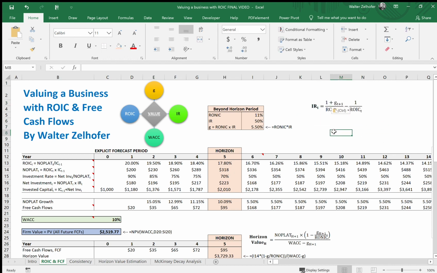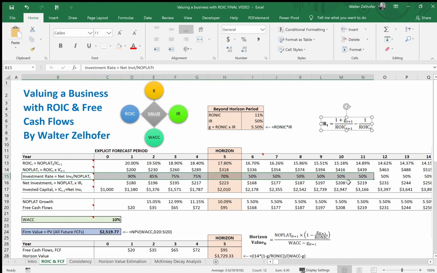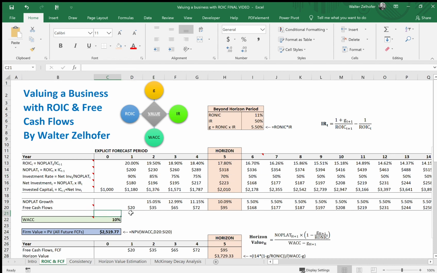If you have the growth rate and the return on invested capital, you can figure out what the investment rate needs to be to make that work. Now, we used logic to figure out this timeline right here, but how else would you have been able to get this investment rate? Let me show you how that would work. I'm just going to put that into a row down here.